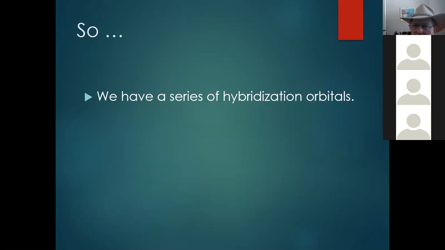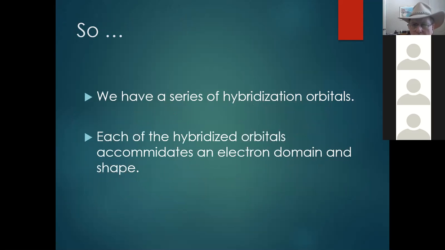So basically, what we're proposing is that we have a series of hybridized orbitals. Each is going to accommodate an electronic domain and shape.